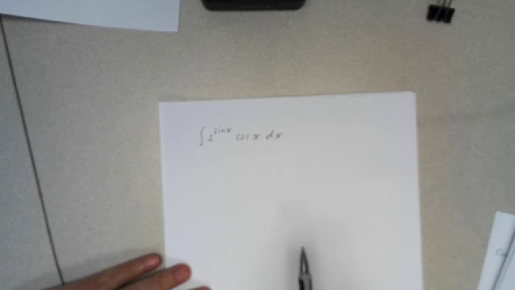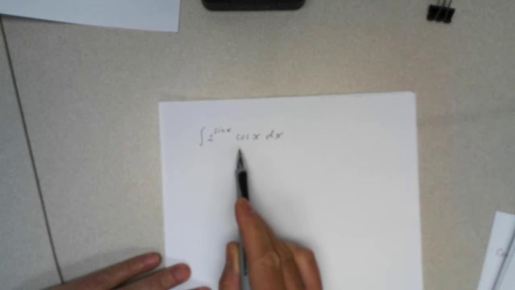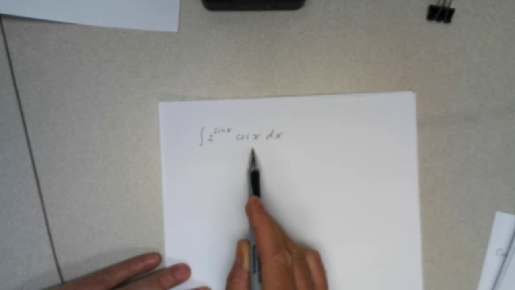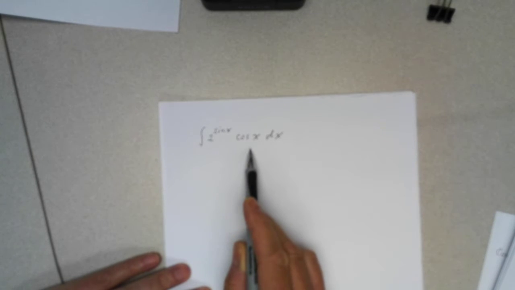Okay, that's pretty close. Now, the first thing we always want to do is look and see if the function we are trying to anti-differentiate appears on the list. And in this case, it does not.